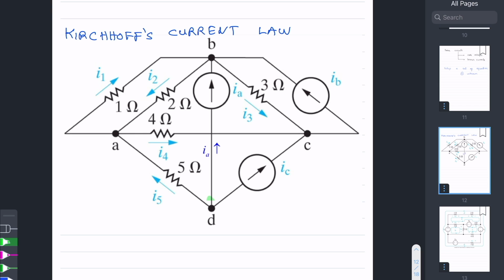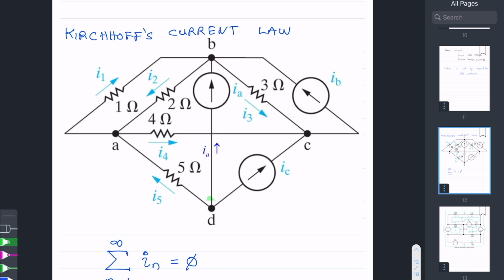So if you want to look at the formal definition of KCL, it simply says when you sum up the currents, all the currents from 1 to infinity, all the currents that are at a particular node, they sum to 0.